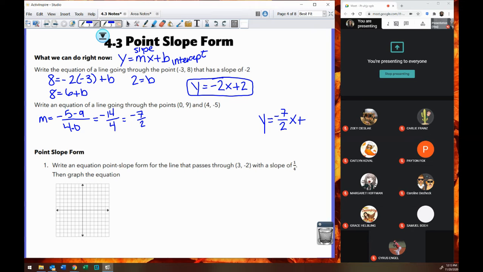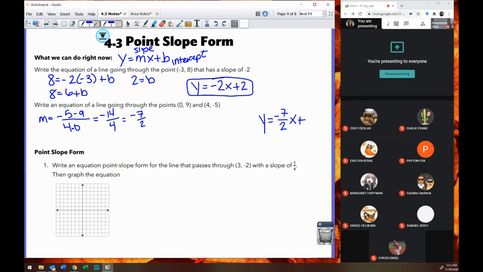Your equation is always y equals mx plus b, not minus b. It's always a plus sign. You plug in your coordinate point, not your slope. So what point did we plug in to find the y-intercept? Did it matter which one you picked?